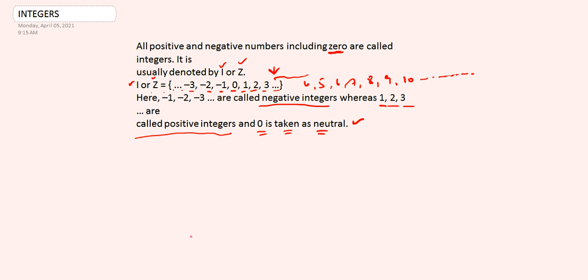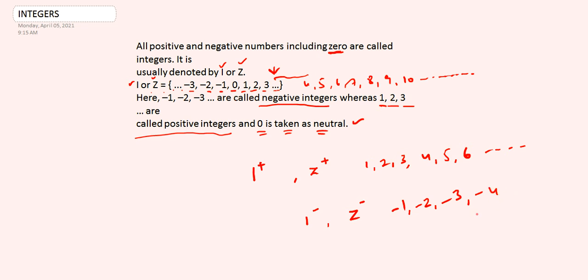Okay, so positive integers we can write I plus or Z plus, just like 1 2 3 4 5 6 and so on. Then negative integers are like I minus or Z minus, minus 1 minus 2 minus 3 minus 4. Clear?